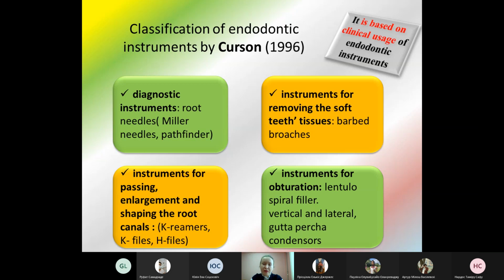According to this classification, all instruments are divided into diagnostic instruments, meaning root needles, for example Miller needles, Pathfinder; instruments for removing soft tissue such as barbed broaches; instruments for passing, enlargement and shaping of the root canals: K-reamers, K-files, H-files; and instruments for obturation such as lentulo spiral filler, vertical and lateral gutta percha condensers.